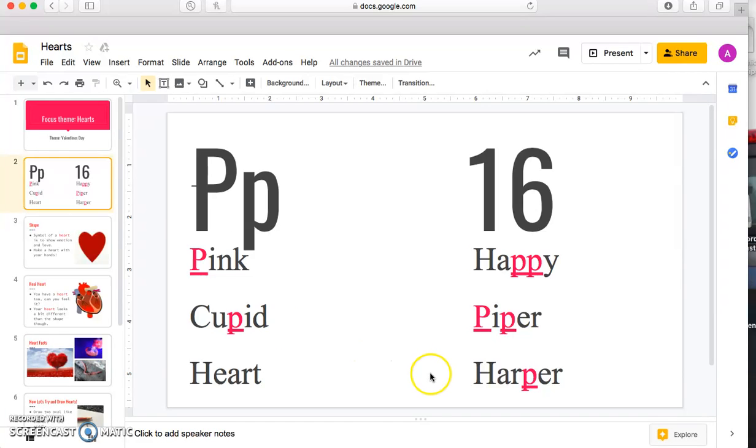Also, if you have preschoolers that have the letter you are focusing on for the week in their name, it's always a good idea to put their name down as well. Piper and Harper are two preschoolers that we have that have the letter P in their name.